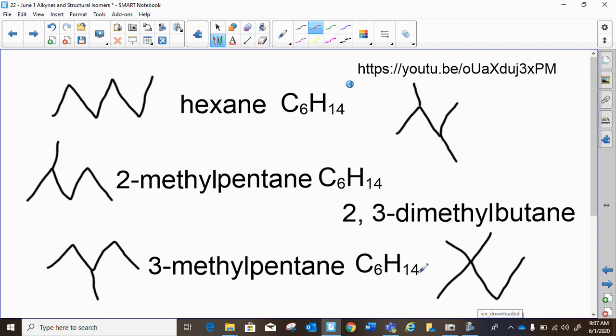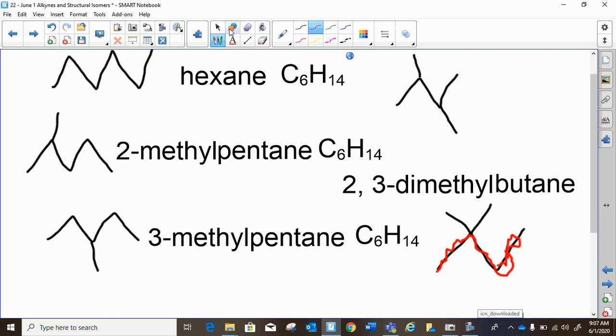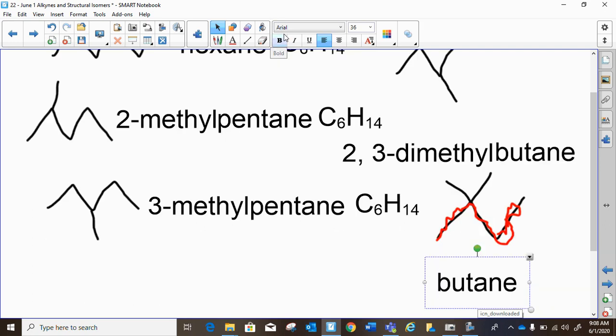And if I were to use a different color, you can see how there's 1, 2, 3, 4. So there's my longest chain. So that's still butane. But when I name my branches, they're going to be 2, 2. Awkward. Dimethyl butane. Okay.